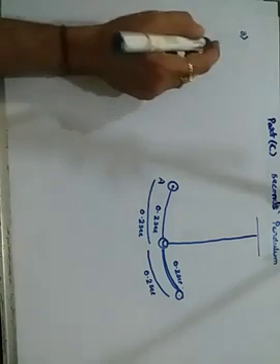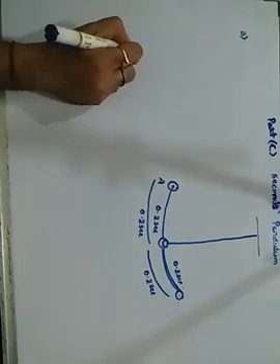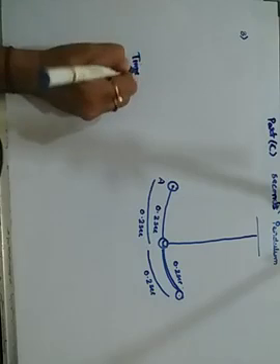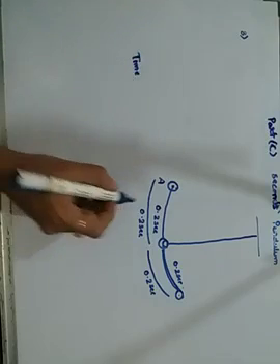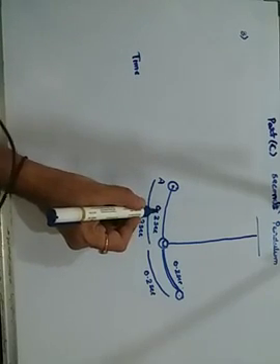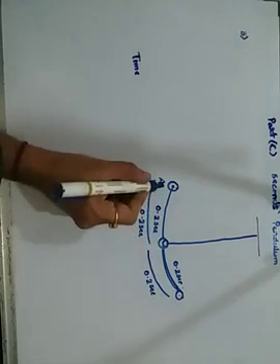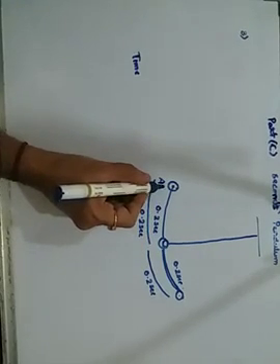So to find the complete oscillation time period: the question was, it takes 0.2 seconds for a pendulum bob to move from mean position to one end. So what is the time period of the pendulum?